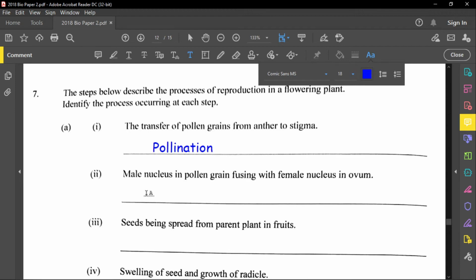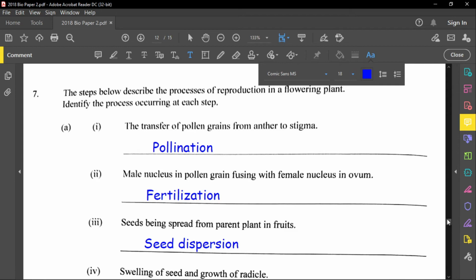Once the nuclei are fused, that is what they call fertilization. And this one is saying seeds being spread from parent plant in fruits. So the seeds are being spread out, what they call seed dispersion.